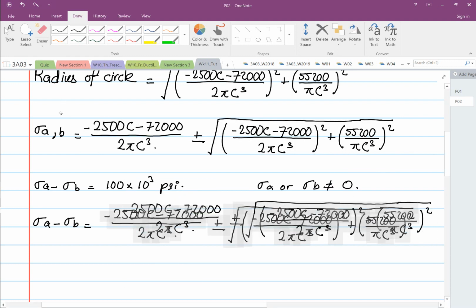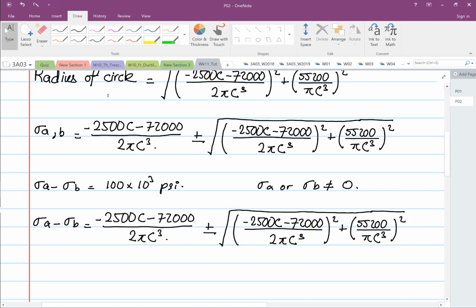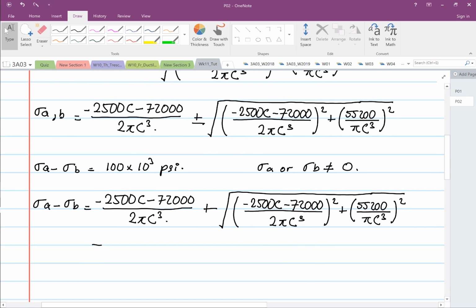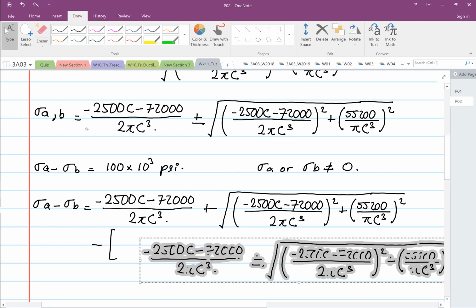We have this whole term, and then we just minus. For stress A, I'm going to have a plus down here, and then for the next one I'm going to have a minus. So this is the minus square bracket over here. I'm going to paste this term over here.